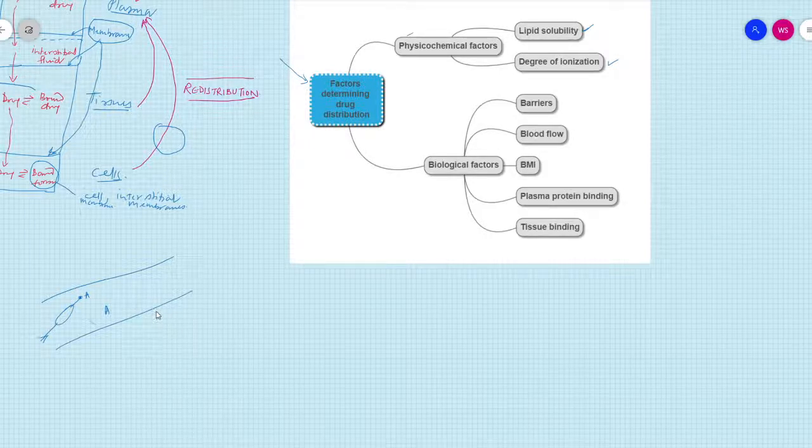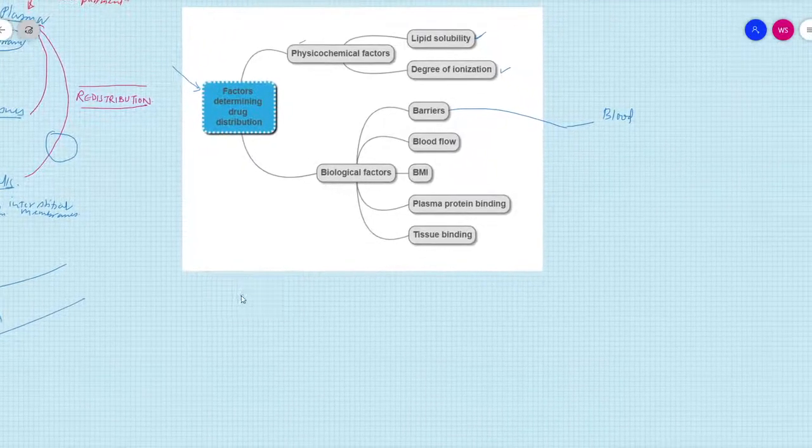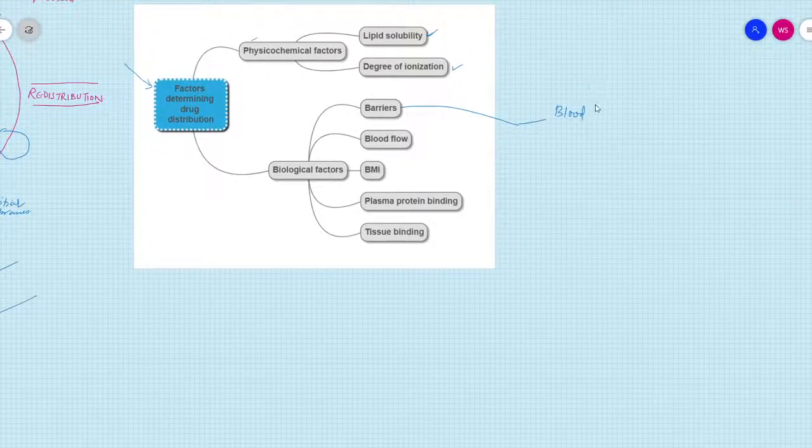And the most important barriers that we need to know are the blood-brain barrier, and there is the blood placental barrier, and there is the blood testis barrier.